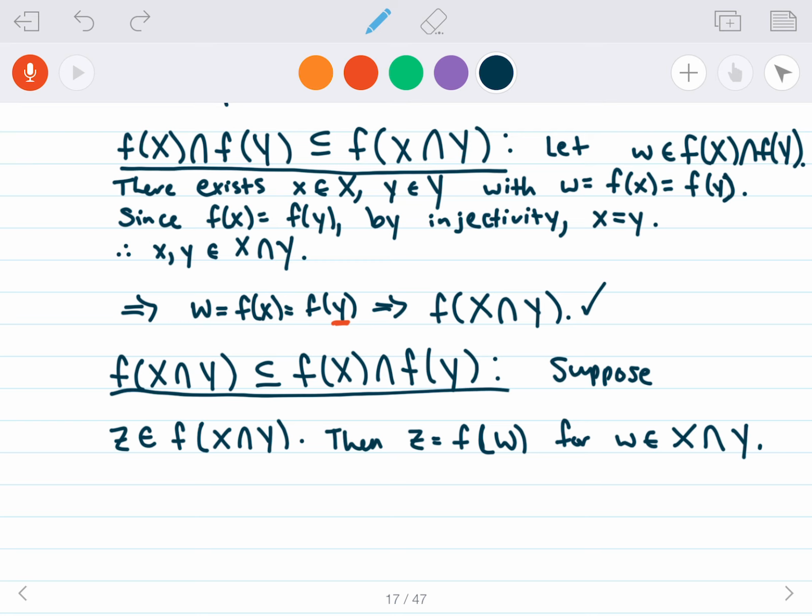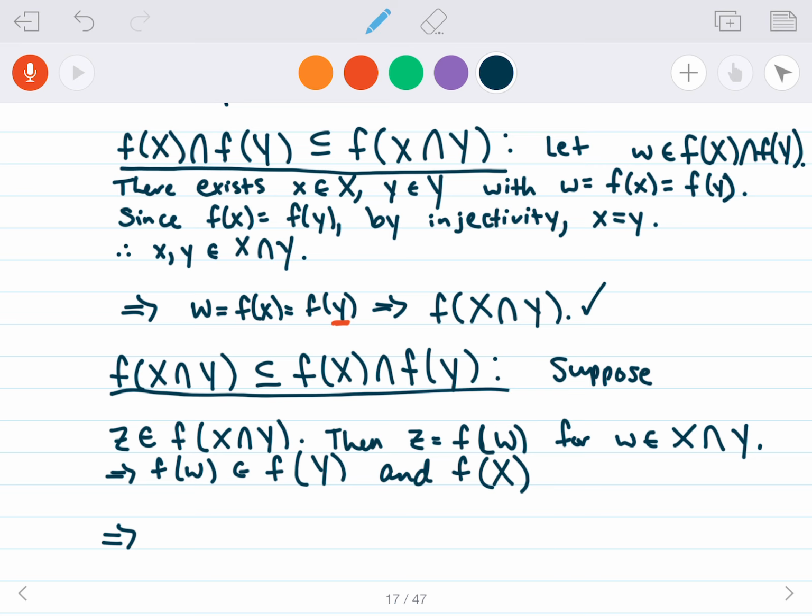All right, so what does this mean? This means that f of little w is in f of capital Y and f of capital X. And so that's precisely what we're trying to show.